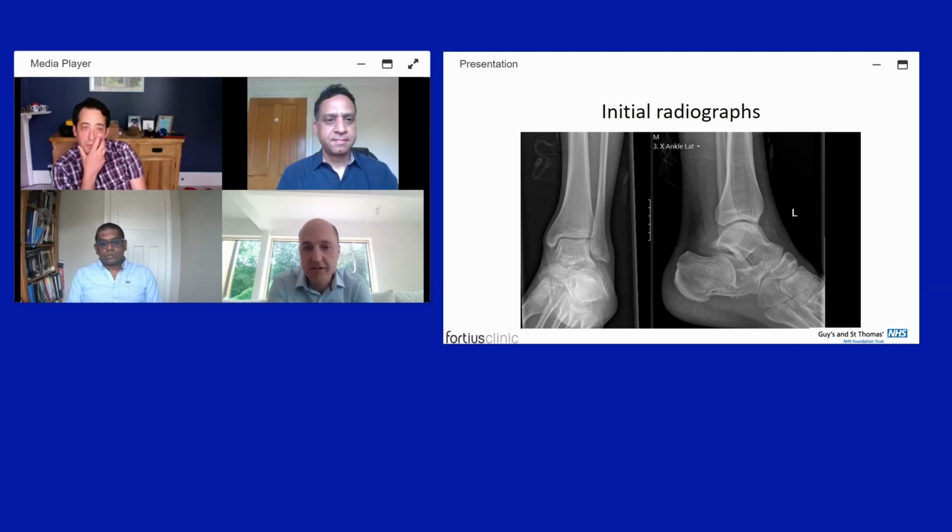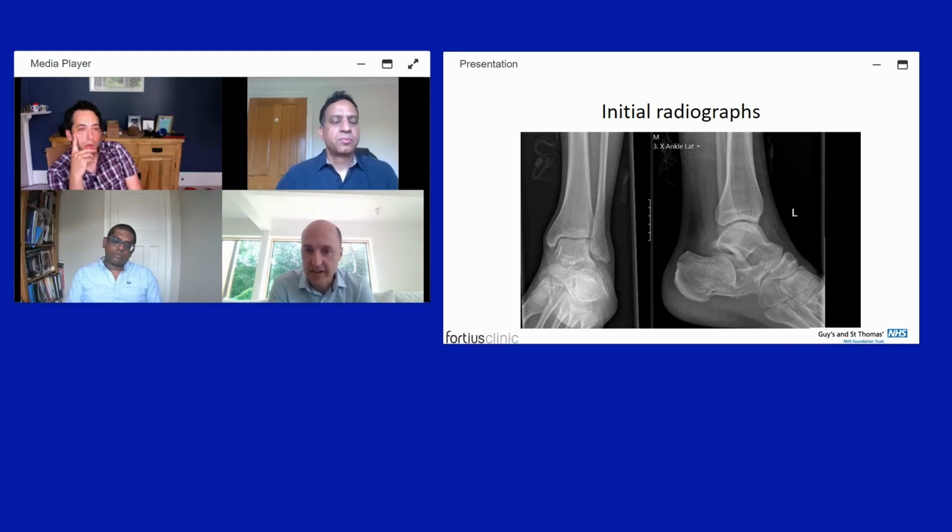These are the initial radiographs when he came in, and what they in effect show is a loss of the Bohler angle, a loss of height from the posterior facet of the calcaneum, and a depressed posterior facet fragment, but not a really highly comminuted fracture.